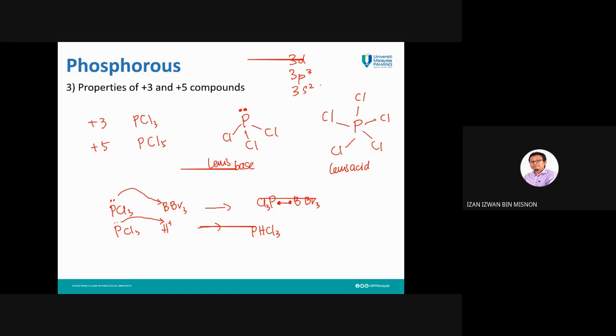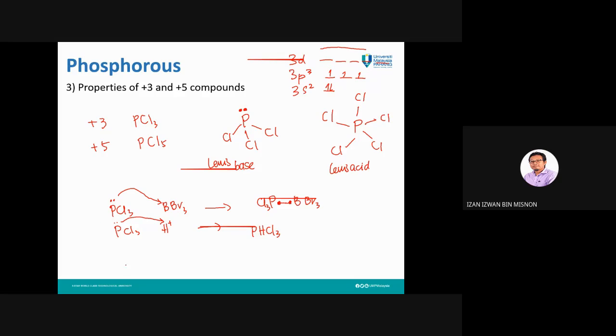So the 3s is already filled, and 3 electrons are used in the p orbital, and for d, it will have 5 orbitals. So phosphorus can utilize the d orbital to accept more atoms.